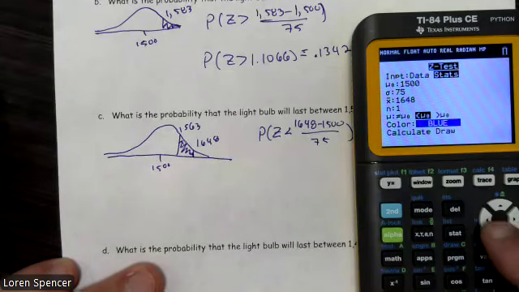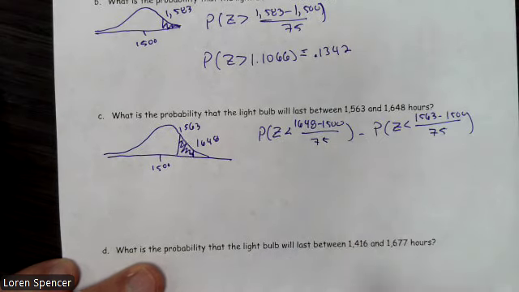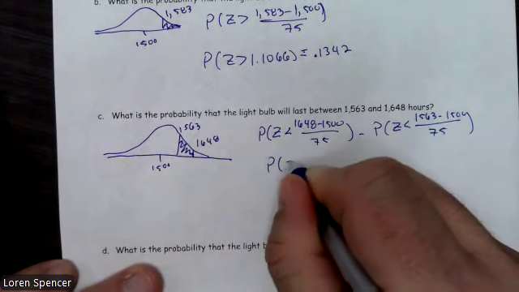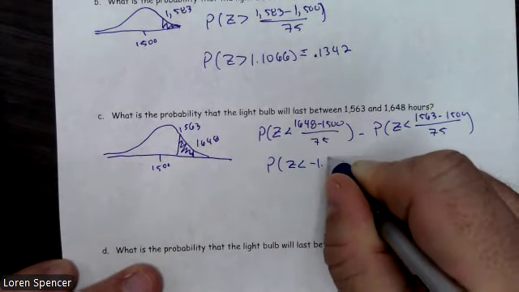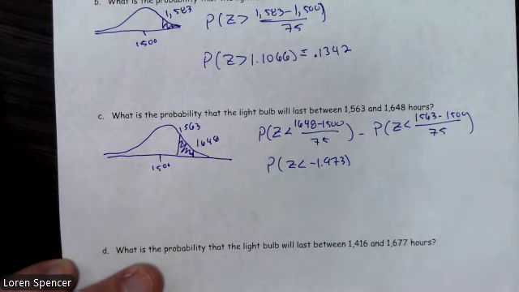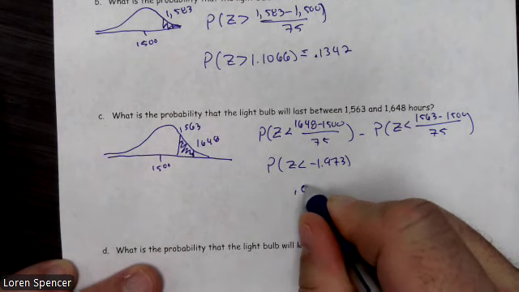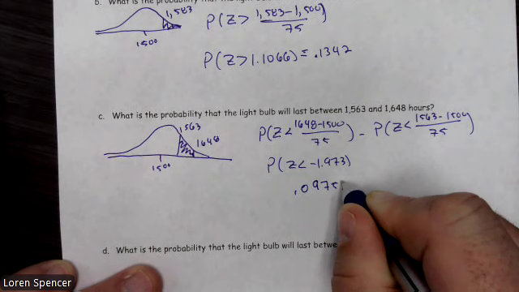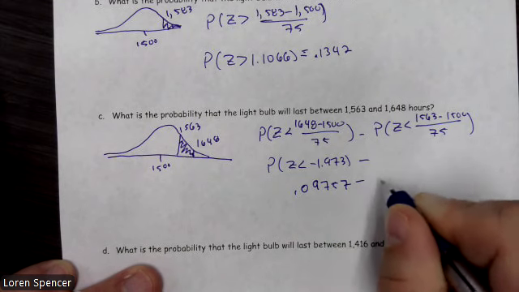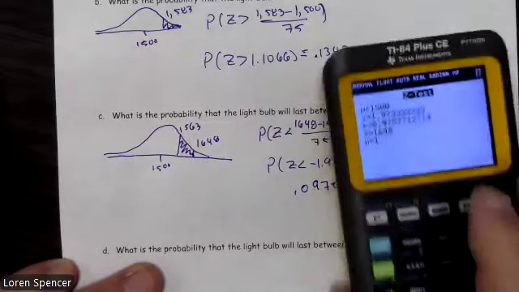Change that to a less than. And the probability z is less than 1.973 gives us a probability of 0.9757, minus the probability that z is less than something.